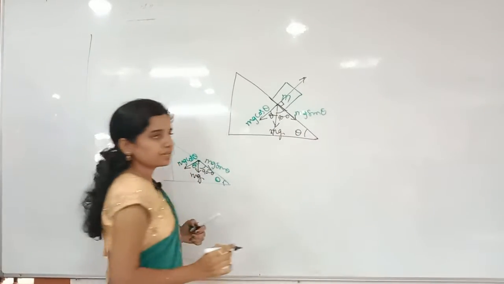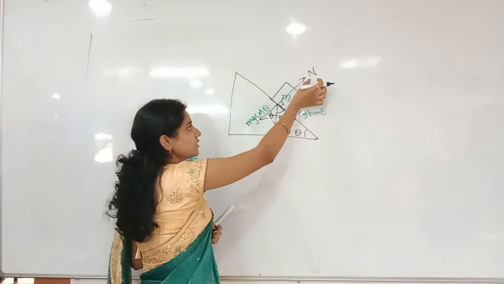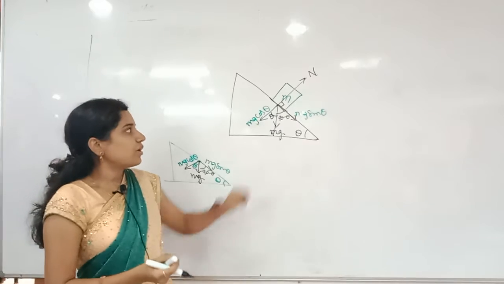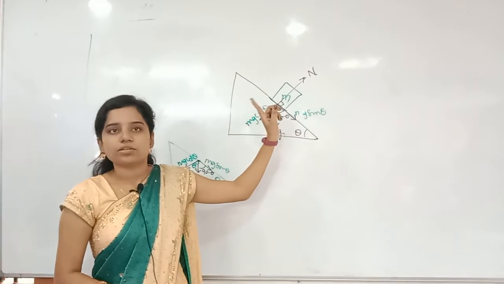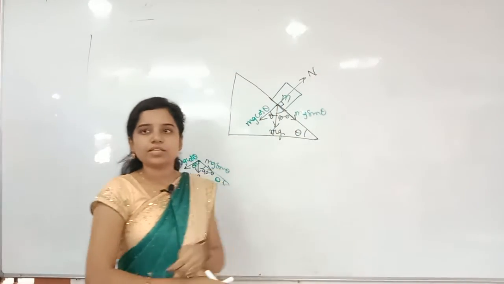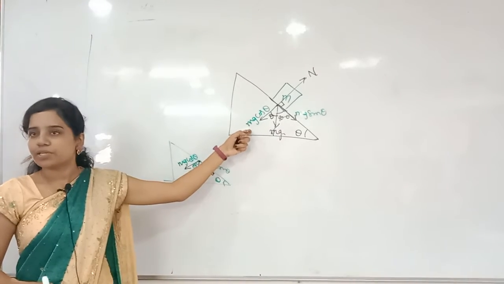See, that angle is 90. Clear? So this will be N, the normal reaction, opposite to mg cos theta. The normal reaction is applied on the block by the inclined plane.